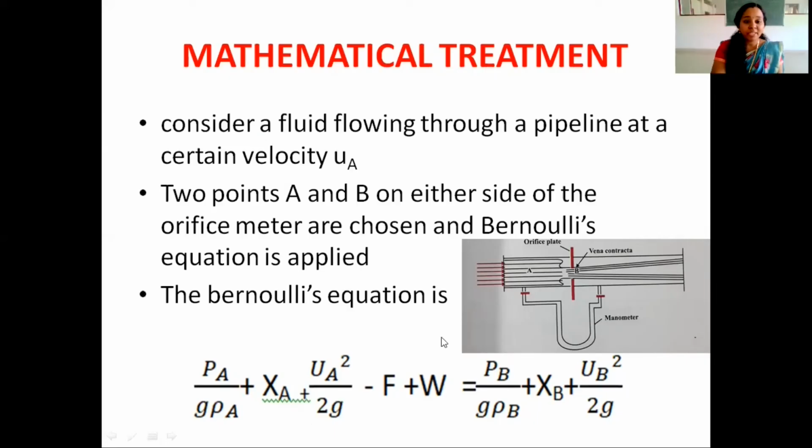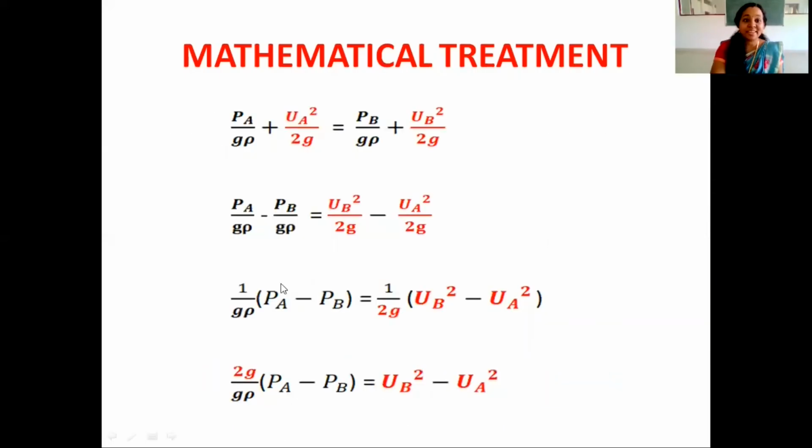Then after eliminating all these terms, we can rearrange this equation like this. So this is our rearranged equation. PA divided by G rho plus UA square divided by 2G, that is equal to PB divided by G rho plus UB square divided by 2G.